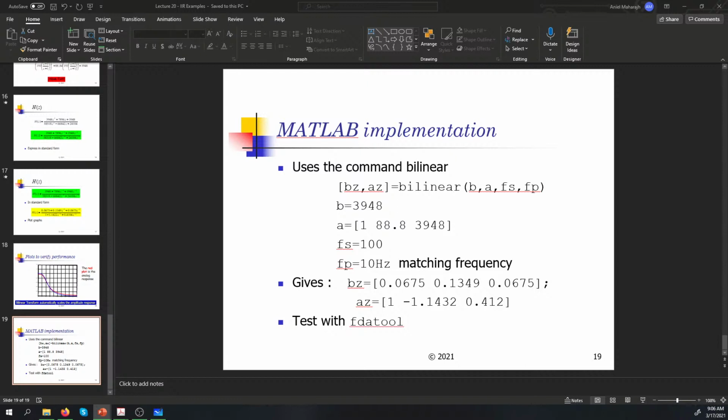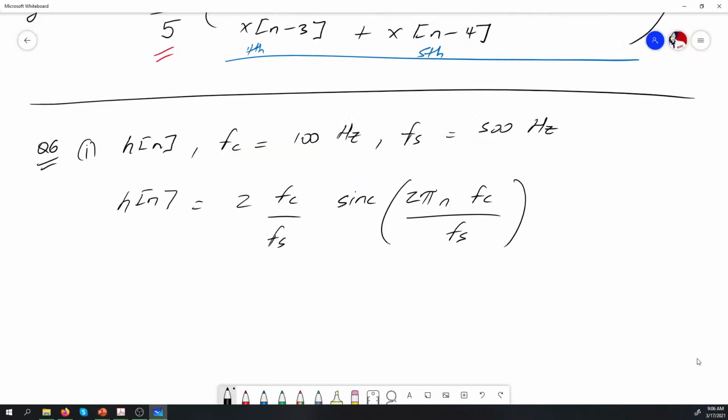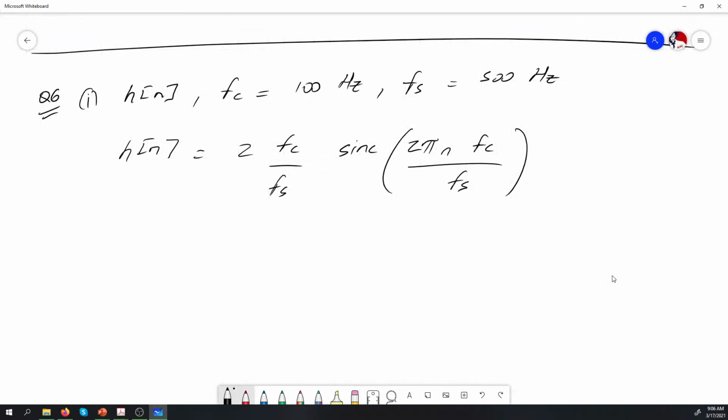Right, there we go. Right, so remember, you don't want to use this equation here. It's still correct, yes, but do not use it.